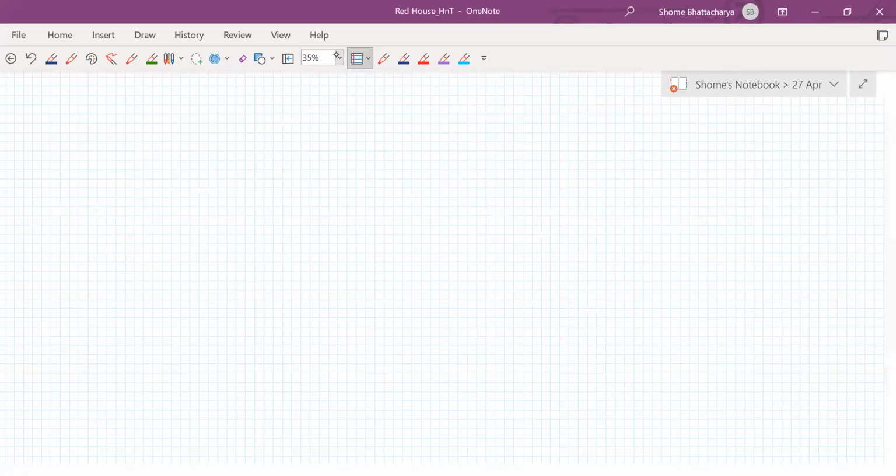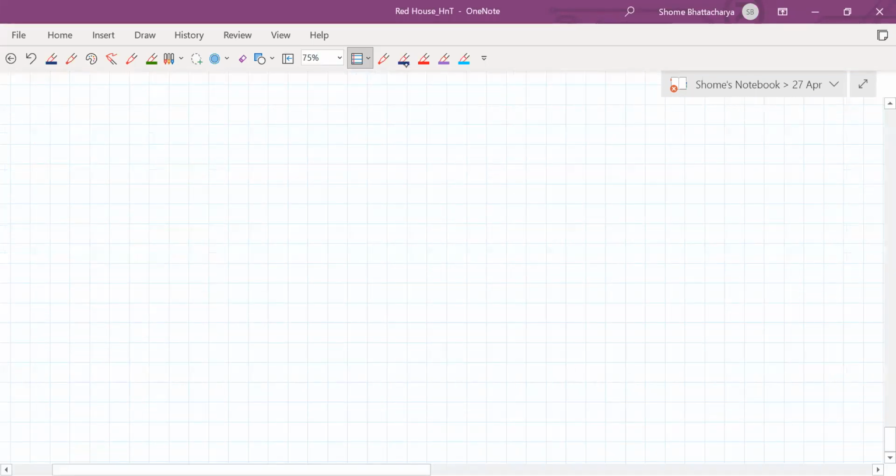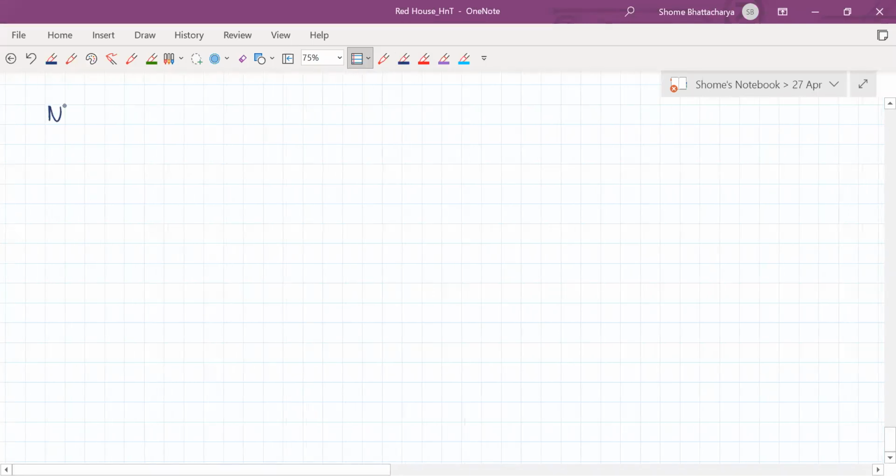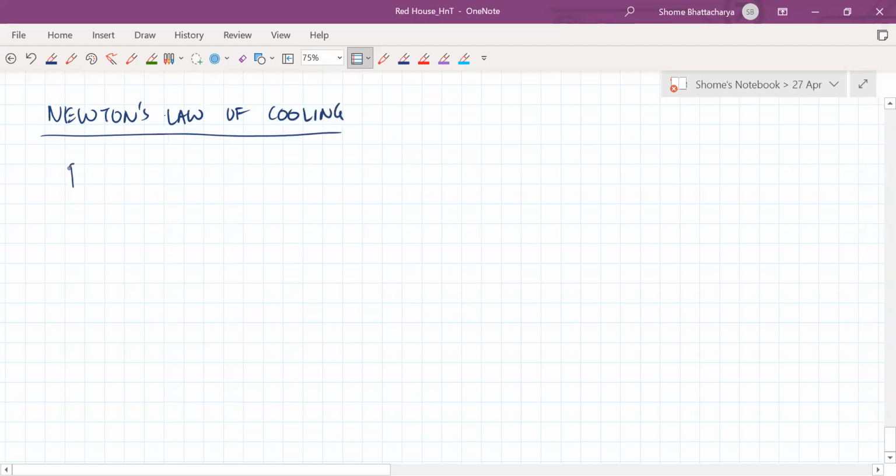Okay, so now let's see some typical application type of questions. So Newton's law of cooling is that rate of cooling is directly proportional to temperature difference, provided the temperature difference is small.